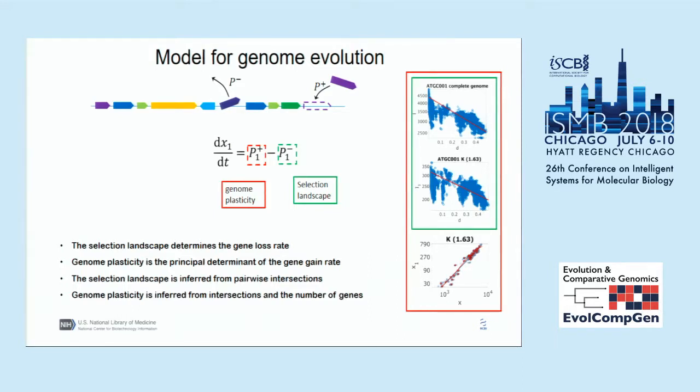And specifically, the selection landscape dominates the loss rate, and genome plasticity is the major determinant of the gain rate. In technical terms, we can infer the selection landscape from the decay constant of the pairwise intersections, and then we also incorporate the number of genes and get genome plasticity.